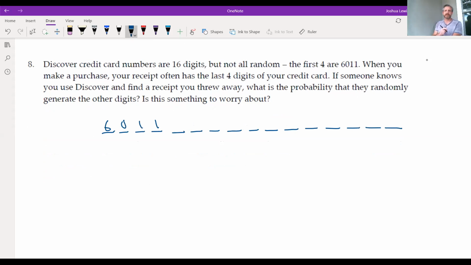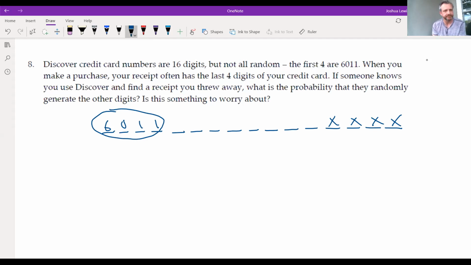If you throw your receipt away and someone takes it out of the trash, they will know these 4 digits, right? Take a look at a receipt sometime. You'll see the type of card you used, which would tell someone those numbers, and the last 4 digits of whatever that card number was, meaning there are only 8. So just from your receipt, someone knows half of your credit card number.